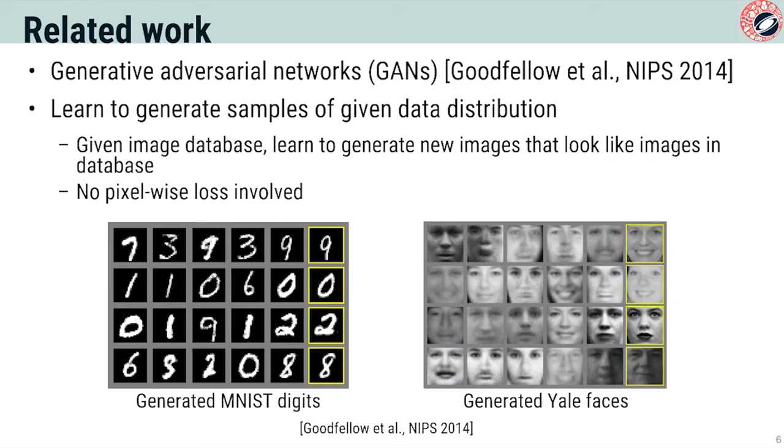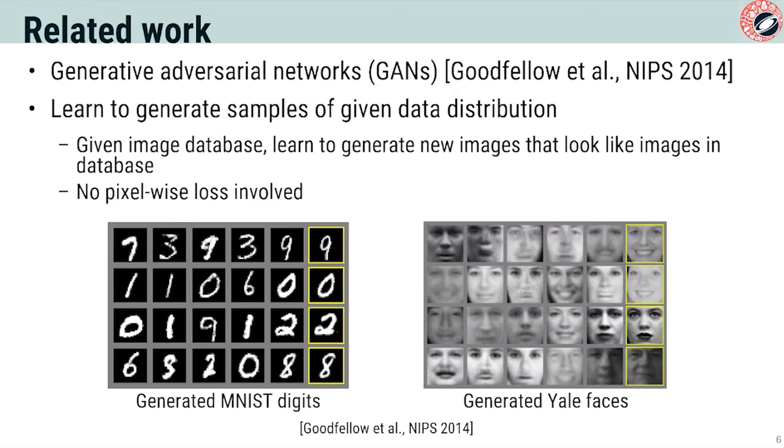This is work that originally appeared in 2014 by Goodfellow and colleagues. And it's a technique that fundamentally can learn to generate samples of any given data distribution. So for example, given an image database such as MNIST digits here, or the Yale face dataset, GANs can learn to generate new images that look just like images in the database.